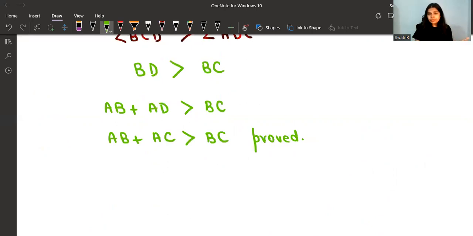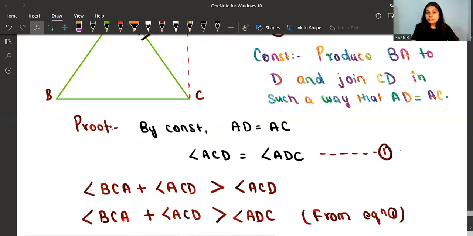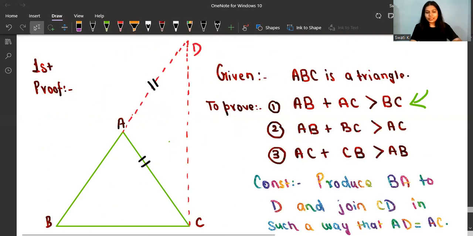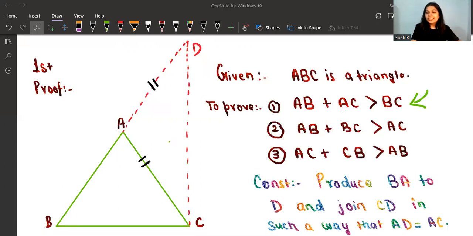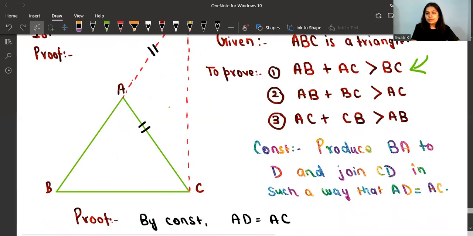Now, because we have proved this, the other two we can just write down as I had already told you, using the word similarly. We can prove the other two as well. In the exam, let me tell you that you can directly do the proof of one, and then the other two you can write down by using the word similarly.